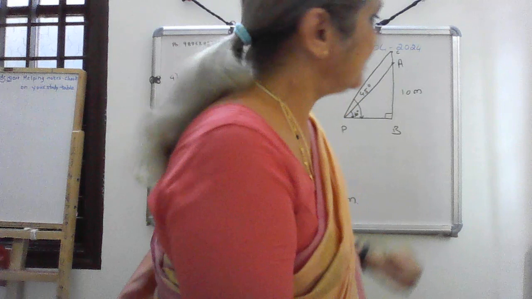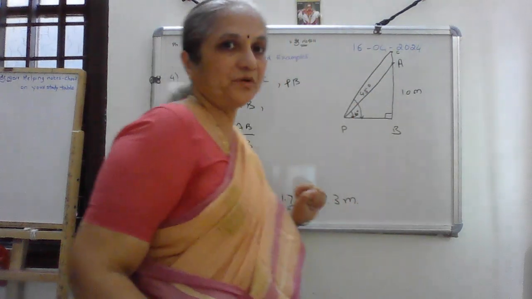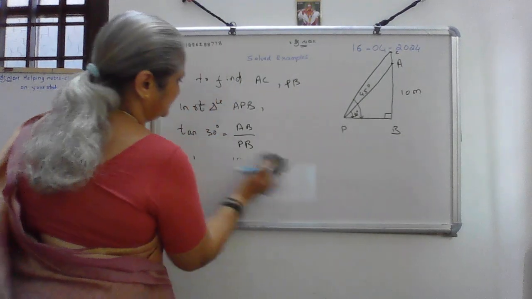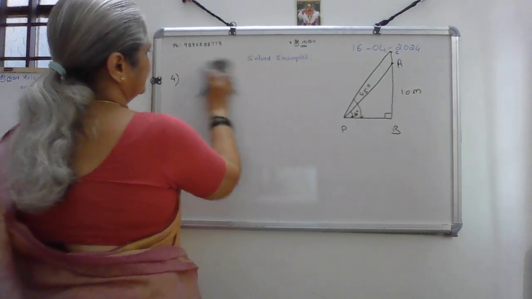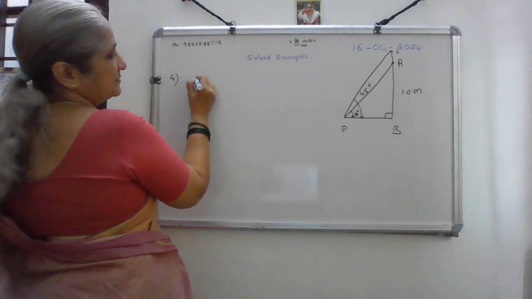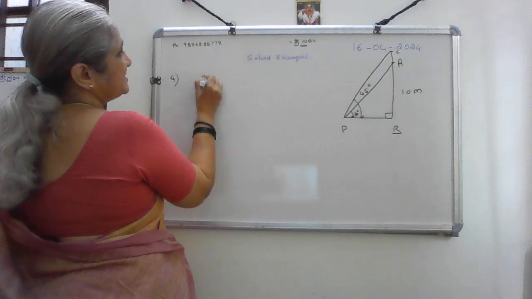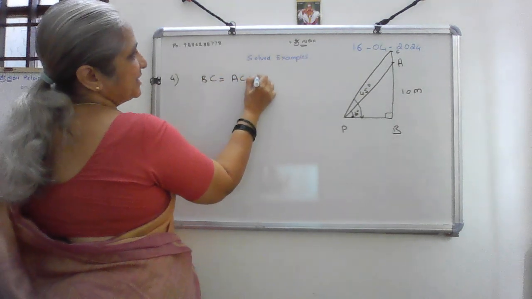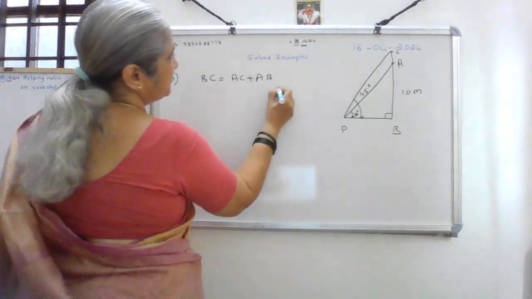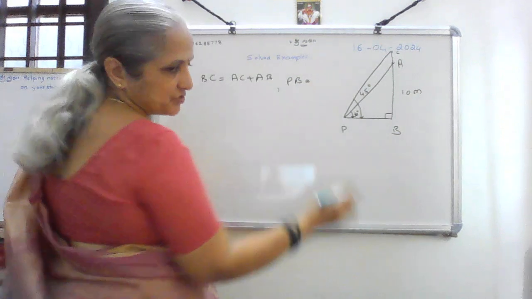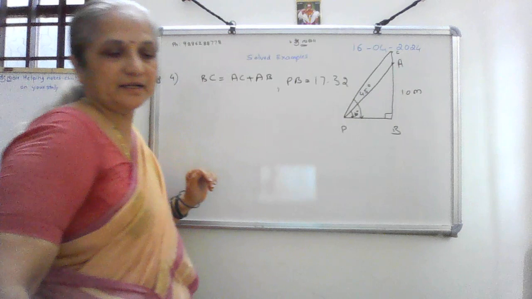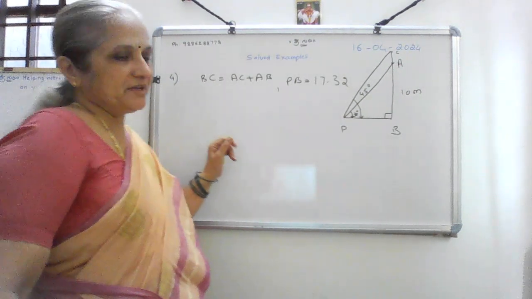What is AC? How to find AC? We observe that BC is equal to AC plus AB, and PB is equal to what we just found, 17.32, because root 3 is taken as 1.732.